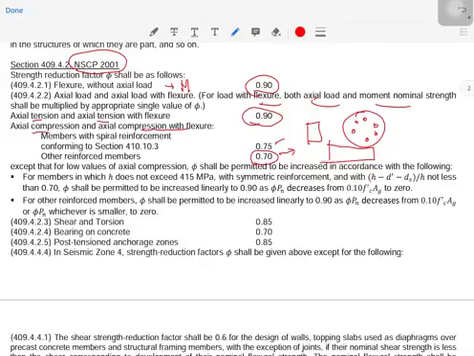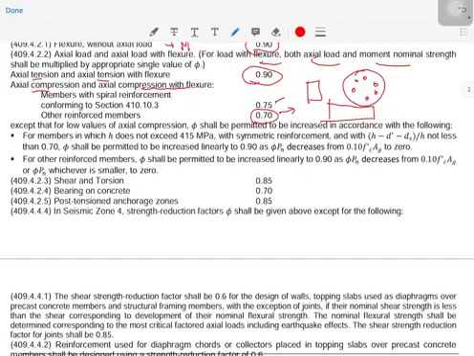Okay, and for other reinforcement, φ shall be permitted to be increased linearly to 0.9 as φPn decreases from 0.10 f'c Ag or φPb, whichever is smaller, to 0. Okay, so more of that will be discussed in the column section, or column design, later.